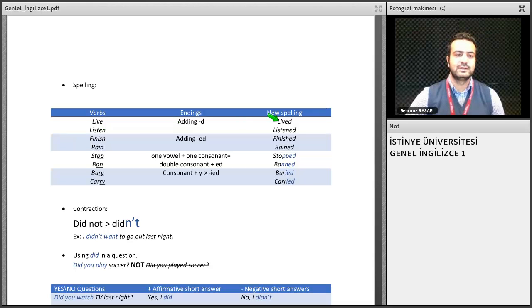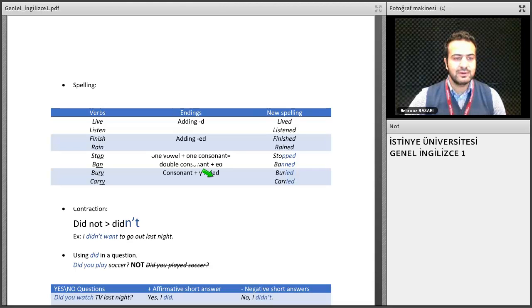For the spelling, we have live and listen. You just have to add ed to the end of them: lived and listened. Adding ed for finish and rain: finished, rained. But sometimes, just like stop and ban, you need to double the consonant, like stopped with double P, banned with double N. Don't forget.